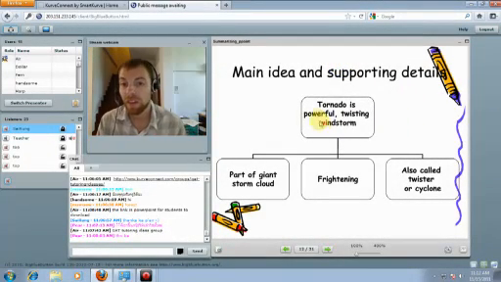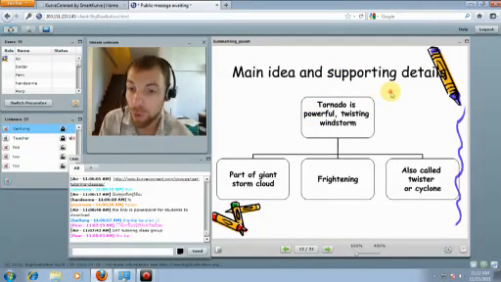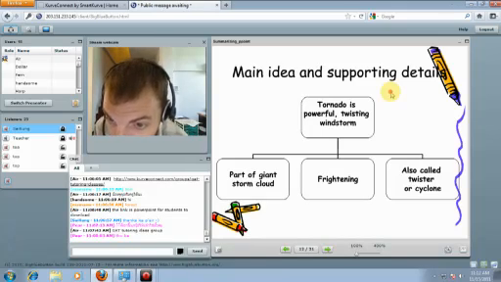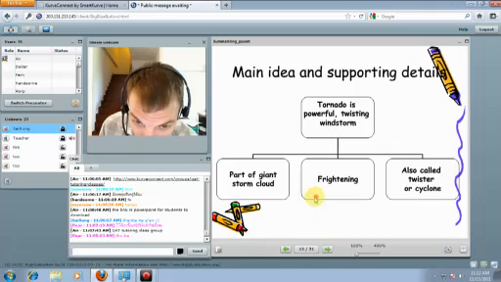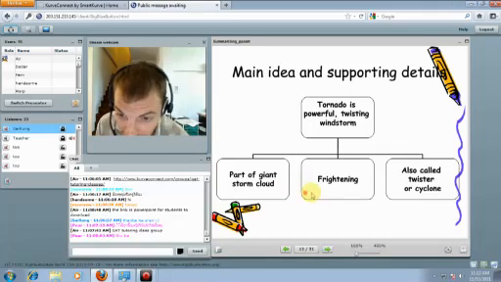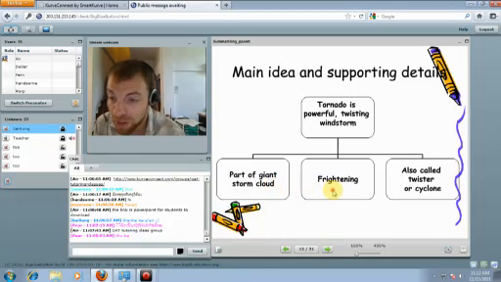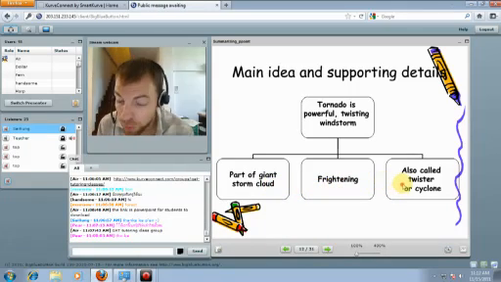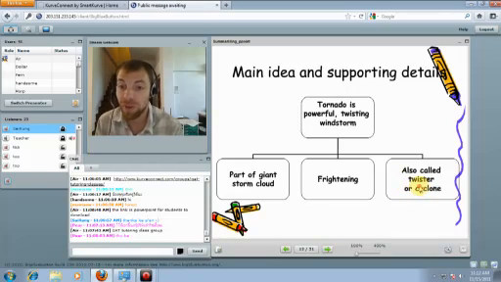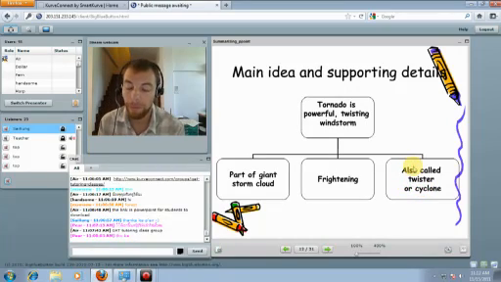So here is our graph from before, and we have tornado is a powerful twisting windstorm, and our 3 details: it comes from a giant storm cloud, it's frightening, and it's also called a twister or a cyclone.